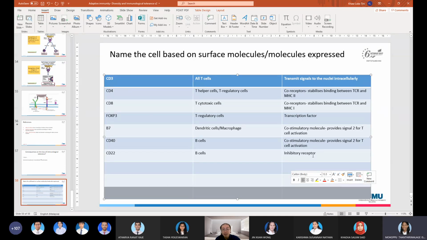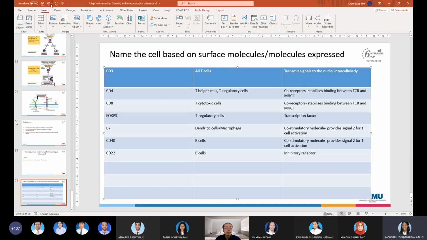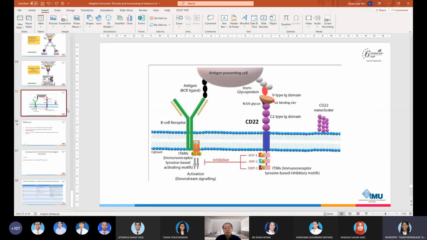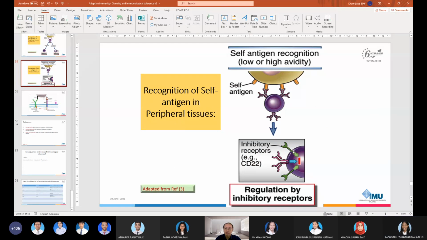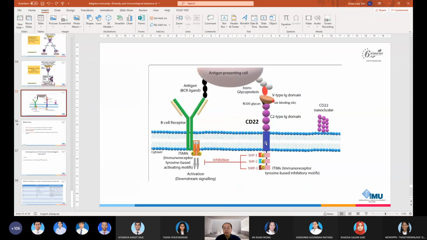Doctor, could you explain a little bit more about the CD22 inhibitory receptor? Oh, okay. So what is CD22? CD22 is an inhibitory receptor on the B cell. If it binds to self antigens, this will cause inhibition of the B cell receptor, and it prevents the activation of the B cell, as shown here.